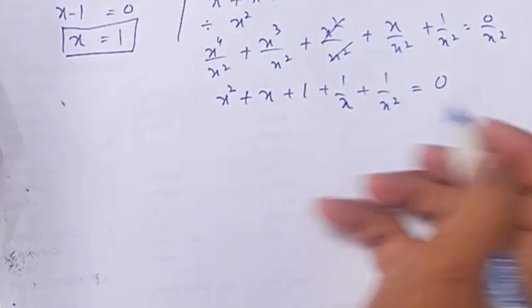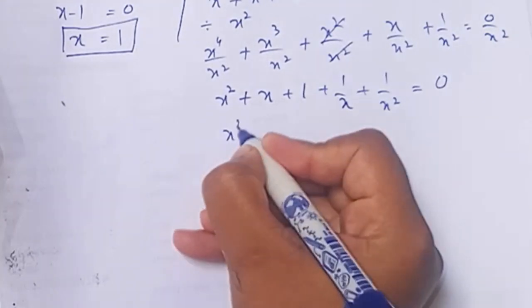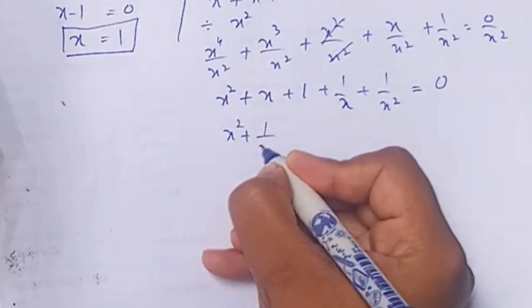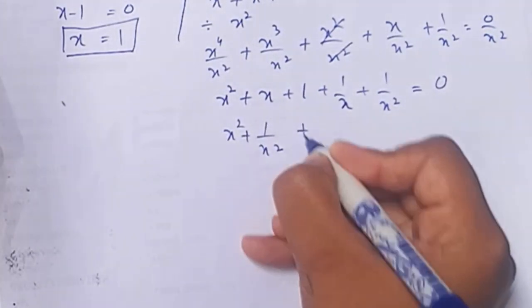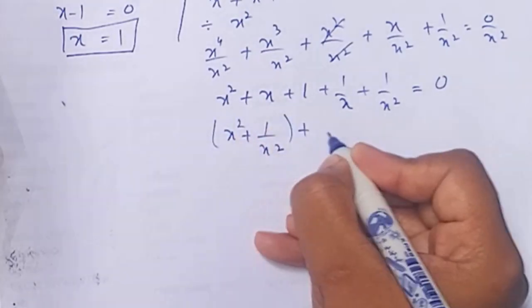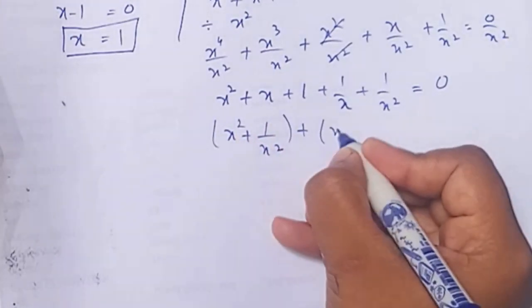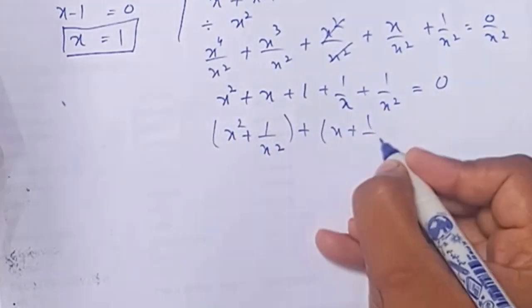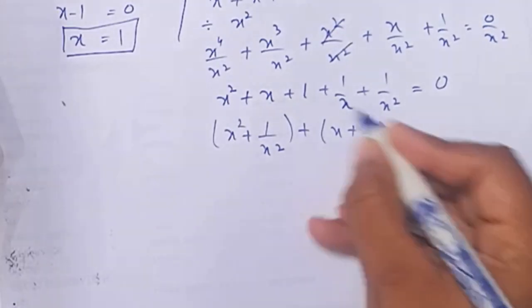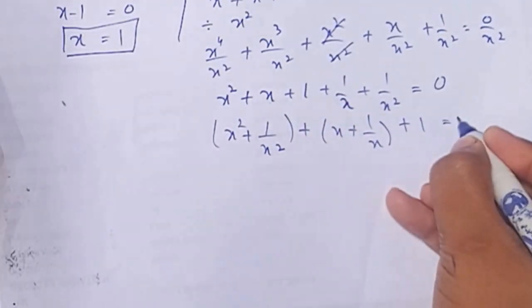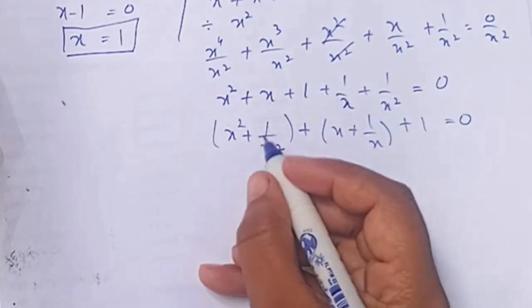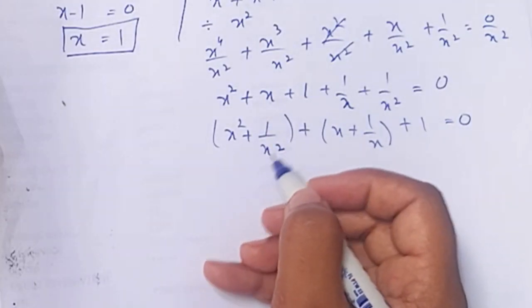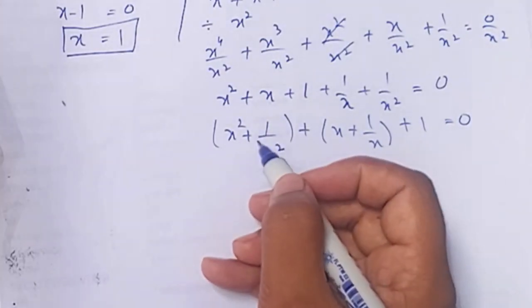Now we rearrange this value. So it's x square plus 1 over x square, plus x, and after that plus 1 over x, and plus 1 is equal to 0. Now look at this. Here we add and subtract a 2 in this part.